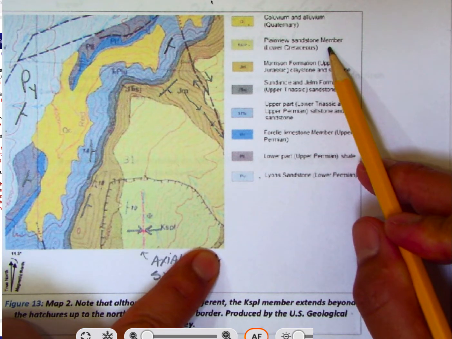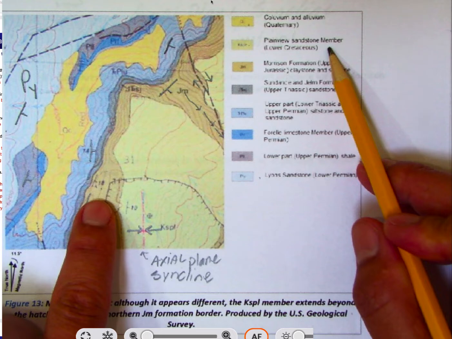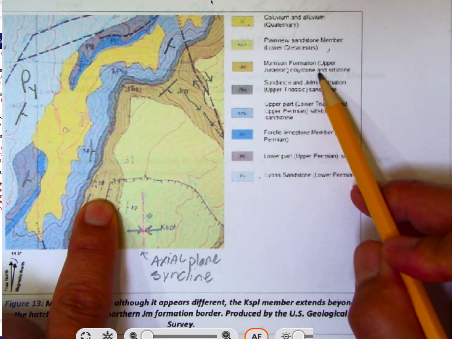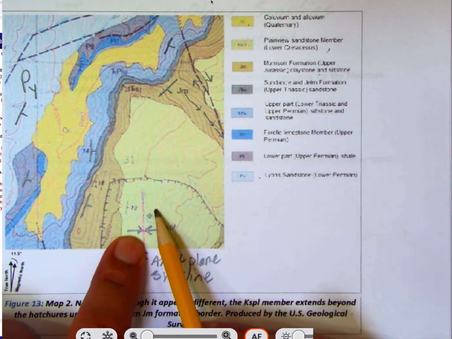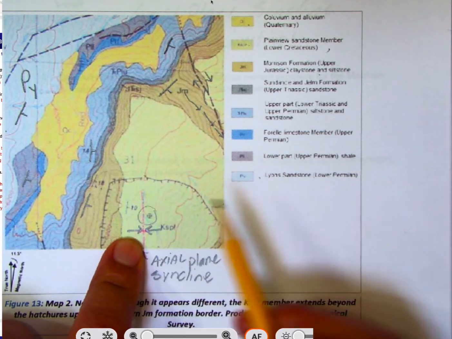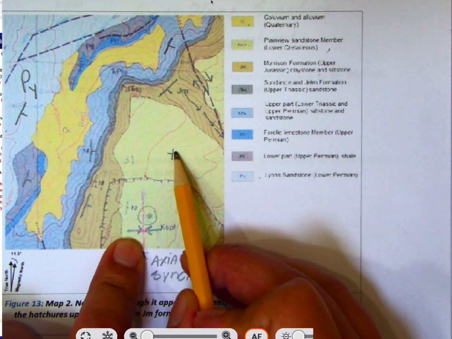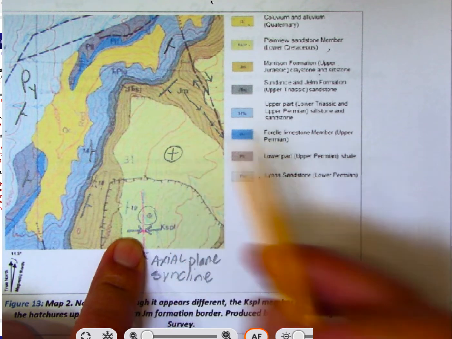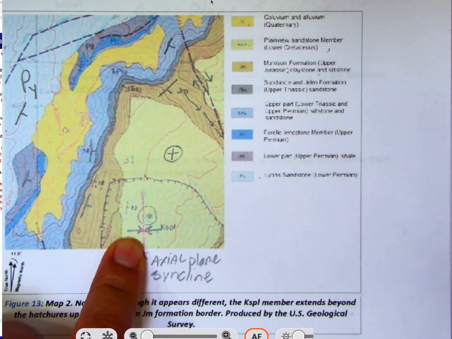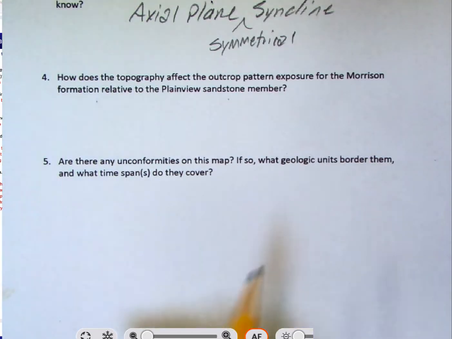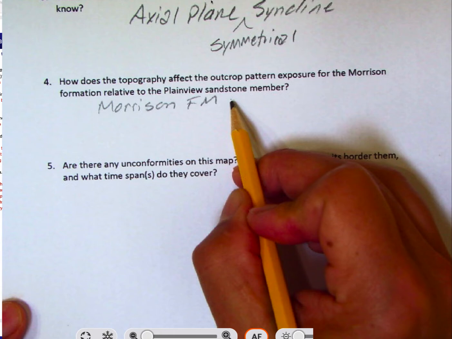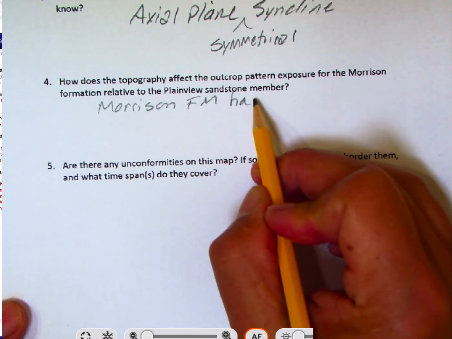So it looks like the dip of the Morrison Formation is very shallow. Oh, and then here's a clue right here. Look at this symbol right here. This symbol with a bullseye, I'll make it bigger here, means that the strata is horizontal, right? So there is a difference right there. So we'll say that the Morrison Formation, FM for abbreviation, has a shallow dip.